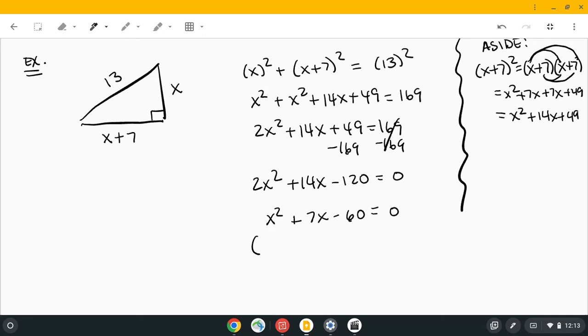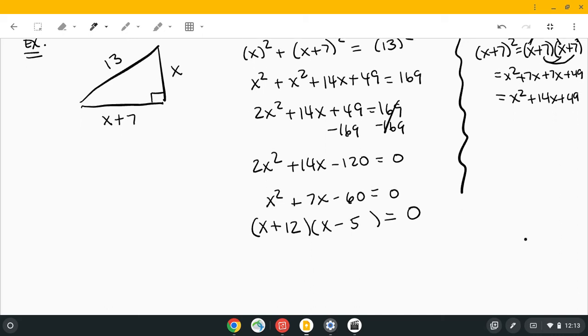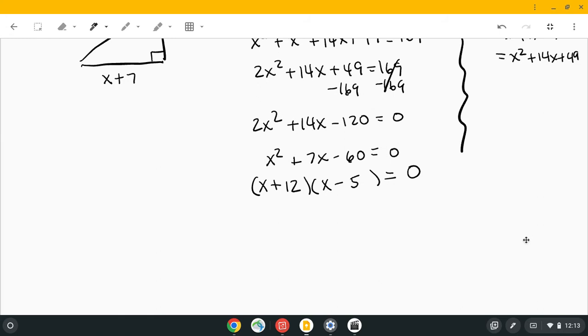This makes it a little easier to figure out my factoring. I know it'll be positive, negative, and it's going to be 5 and 12: 12 over here, 5 over here, and that will give me the negative 60 and then the positive 7.